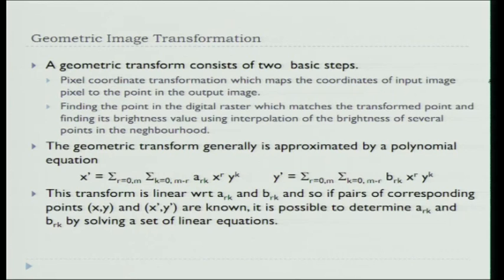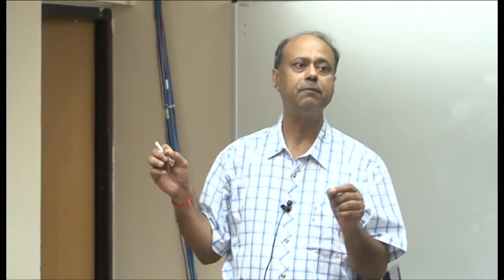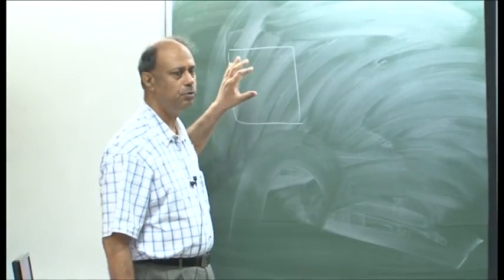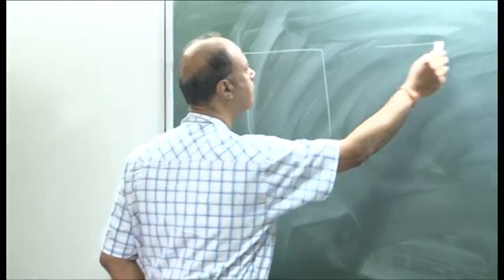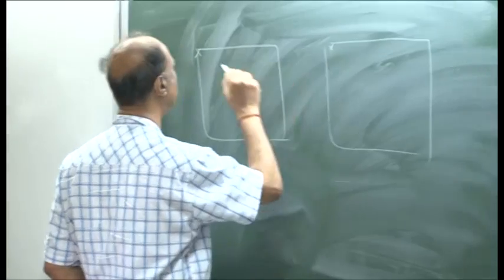The geometric transformation consists of two steps. First, given (x,y) of the original image, I have to get the (x',y') of the output image, right. That is the first part. Once I know the (x',y'), which need not be integer coordinates of the output image, I have to estimate the gray values or intensity values of the output image. For each pixel, I have to get the output image pixel value, right.